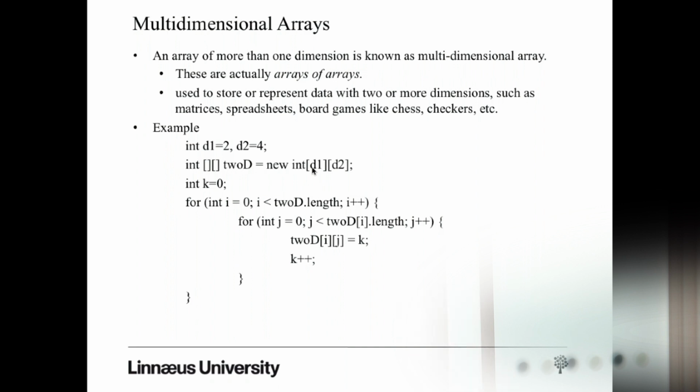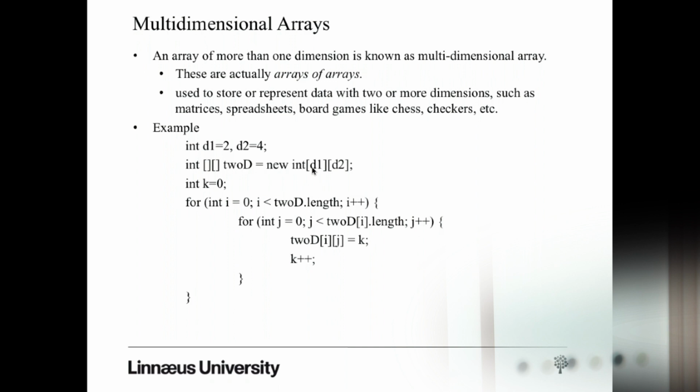So the Java language provides you this dot length property for all the array objects. So if the first index is 2, then that length will be 2. So that loop runs from 0 until less than 2, and then you increment this i value.